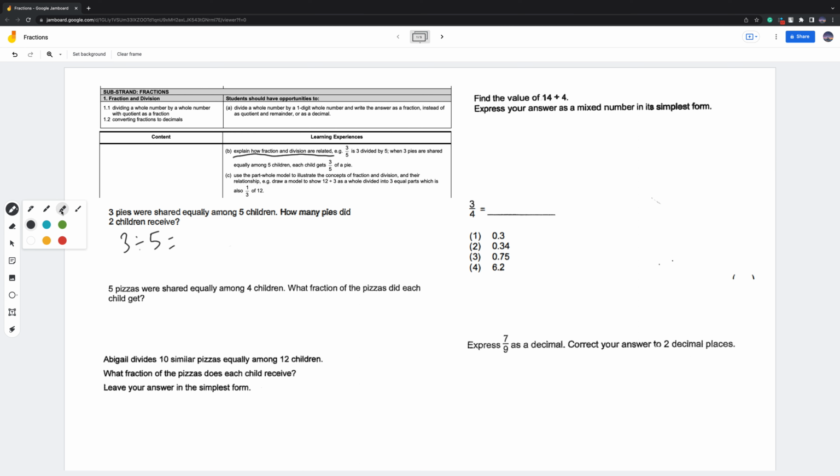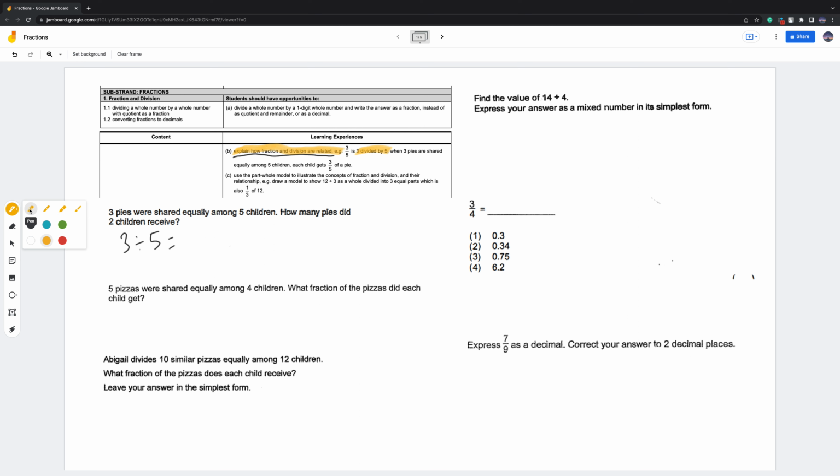Once you know how they are related, this part here explains how fractions and division are related. So basically 3/5 is 3 divided by 5, just like in our example. 3 pies are shared equally among 5 children.